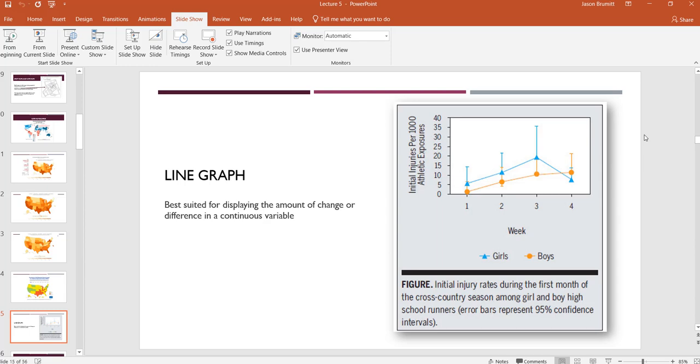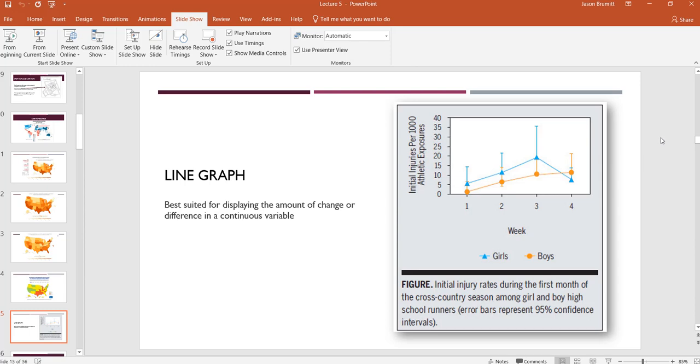So in this case, looking at initial injuries, it gives you an idea as the season is progressing during the first month, we're seeing an increase in injuries starting at week 3. So what does that tell us? Well, we can start to speculate things, just like a few weeks ago, I was having you speculate potential causes of injury in the Division 3 athletes.